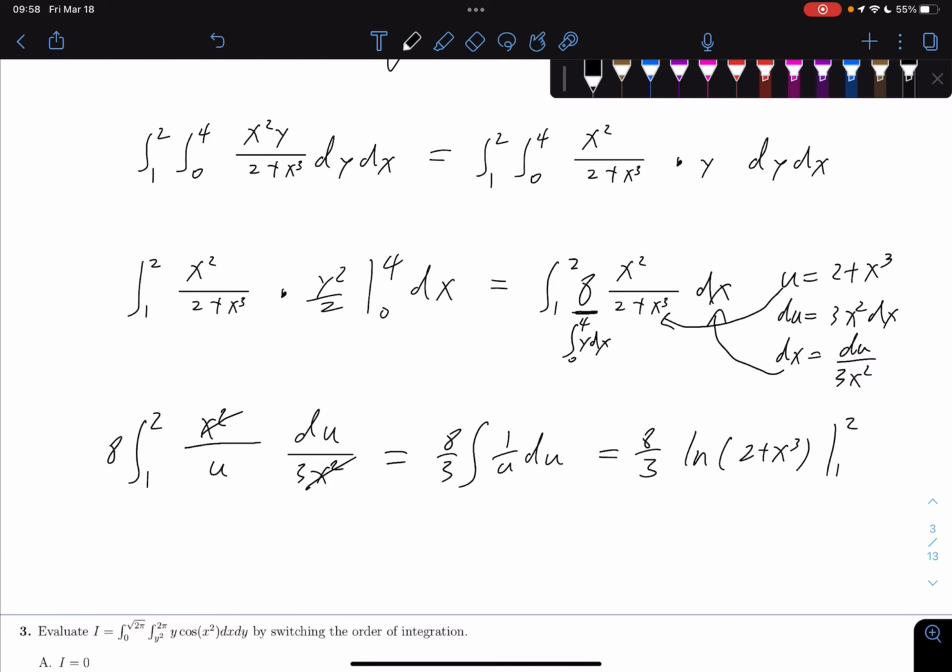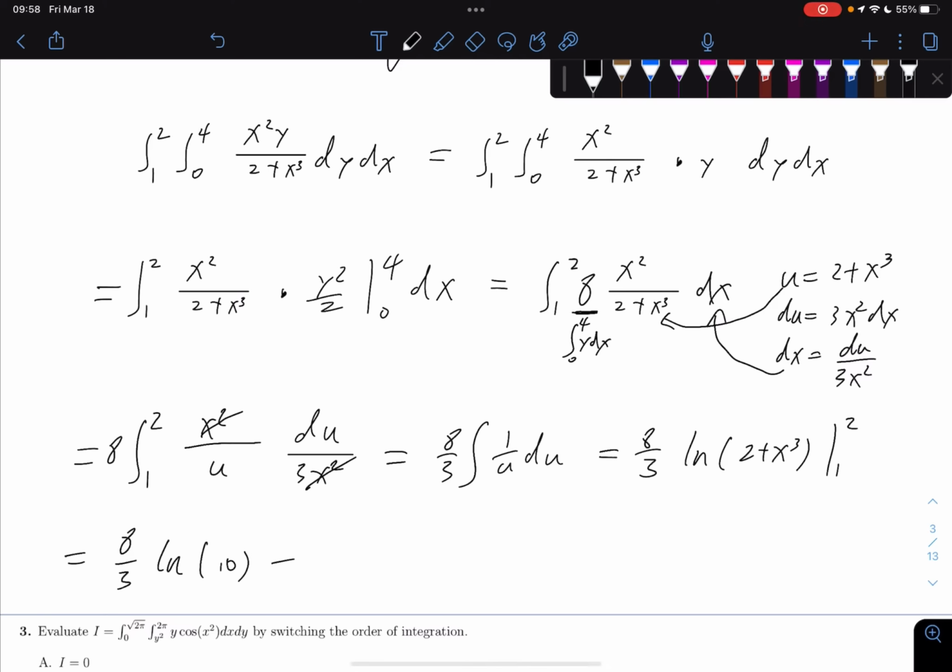So we're just going to substitute 1 and 2 in. So that's just equal to 8 over 3 natural log. So 2 plus 8, right? That's 2 to the cubic, so that's 10.